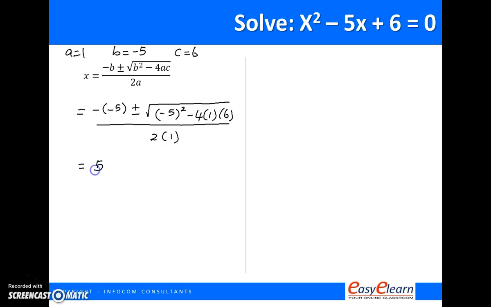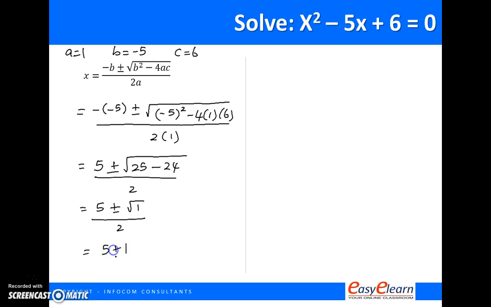So it's going to be 5, because minus minus become plus, plus minus square root of 25 minus 24. So it is 5 plus minus square root of 1. Square root of 1 is nothing but 1 itself.